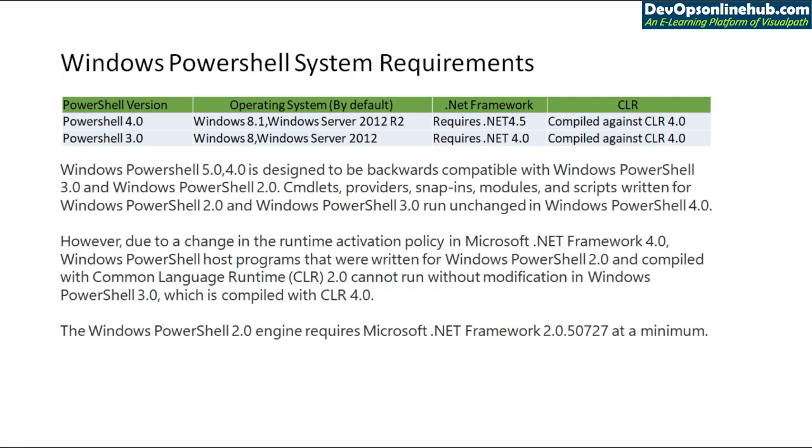It requires .NET Framework 4.5 and it is compiled against CLR 4.0. And PowerShell 3.0 comes by default with the Windows 8 client operating system and Windows Server 2012, and it requires .NET Framework 4.0 and it is compiled against CLR 4.0.